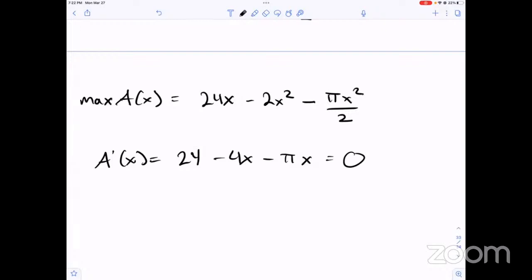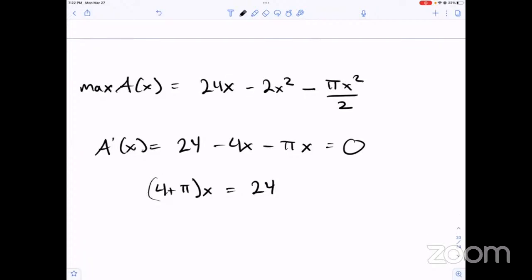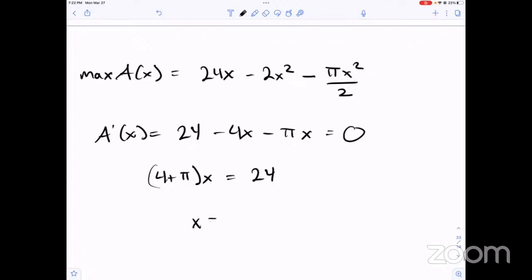So we're going to get what? 4 plus pi times X equals 24. I added my 4X, I added my pi X, factored out my X. We get this, right? So then long story short, X equals 24 over 4 plus pi. That's the exact result for X, right?